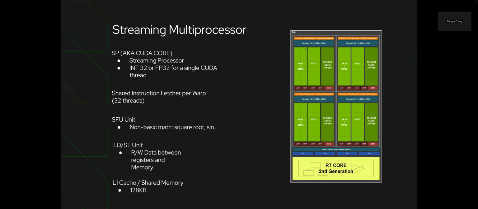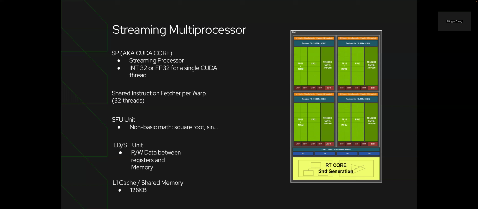And each thread will be running on one of these blocks. As you see, every 32 threads have a shared instruction fetcher. So what this means is that at the lowest level of parallelism in a GPU, 32 threads will be executed in parallel by executing the same instruction provided by the fetcher.